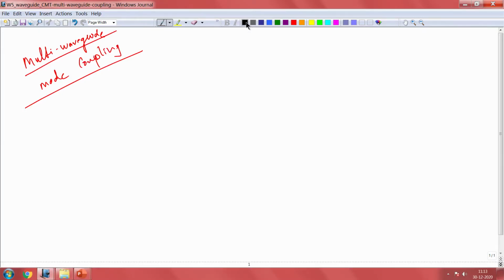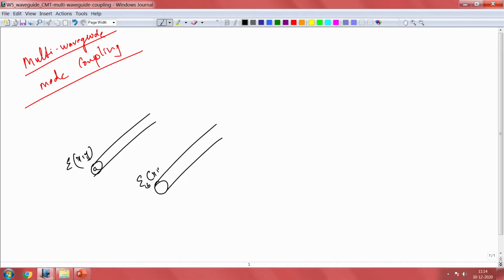A simple system could be thought of as a waveguide like this, with a certain refractive index profile epsilon a x comma y, and then we have another waveguide close by, which is epsilon b x comma y.